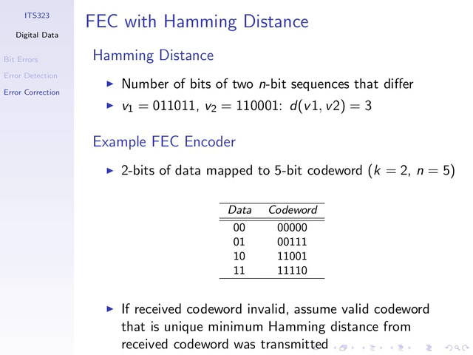If it is unique, that is, there's only one valid code word with this minimum distance, and this is the case, there's only one value with a distance of 1, let's assume the transmitted code word was the code word which has the unique minimum Hamming distance from our received code word, which is this.